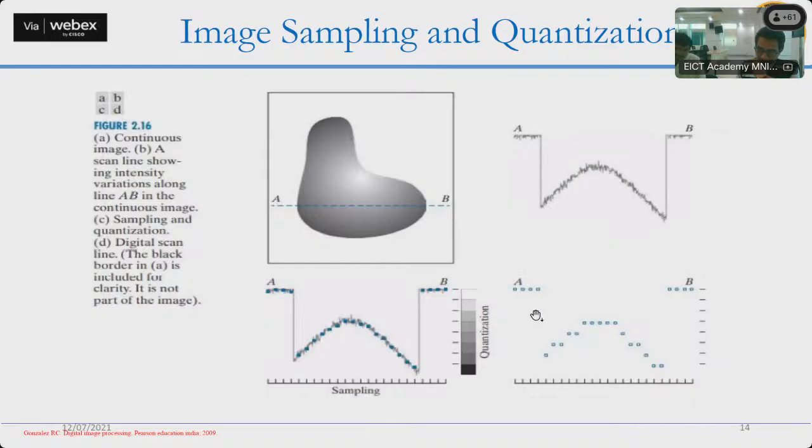These are clearly seen in part D. Instead of taking the complete signal between A and B, we are able to encode the signal into some values that we are seeing.